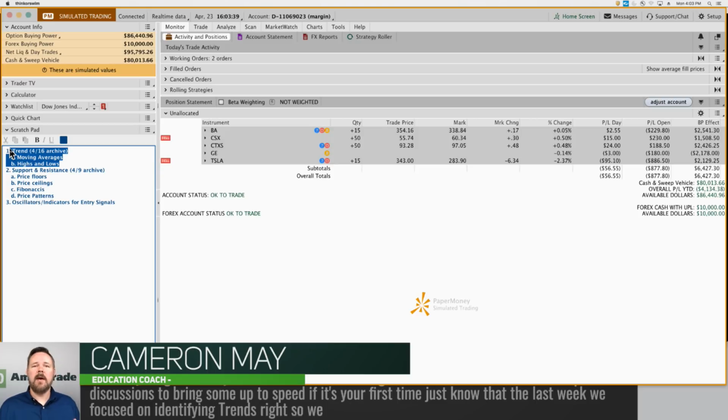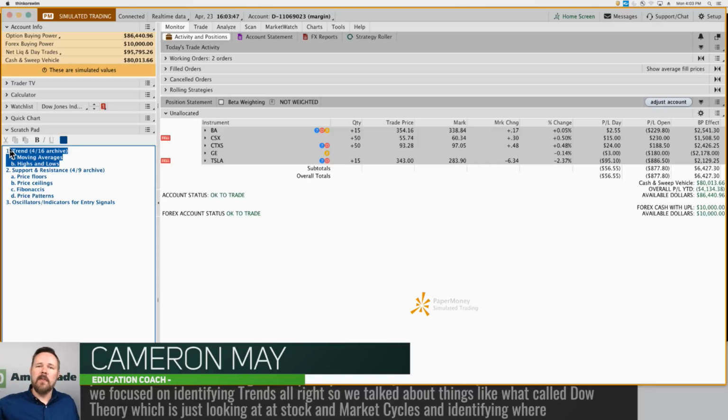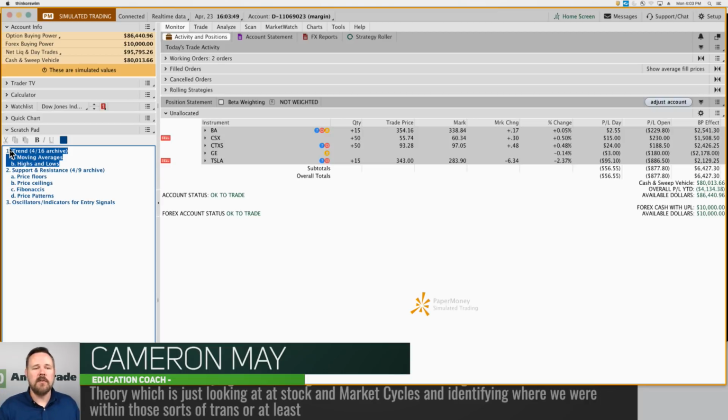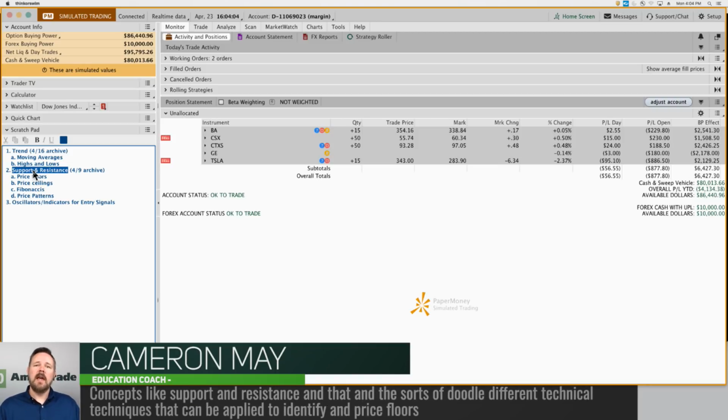We talked about things like what's called Dow theory, which is just looking at stock and market cycles and identifying where we were within those sorts of trends, or at least as much as we could. And we also used moving averages. And in previous weeks to that, we talked about concepts like support and resistance and the sorts of different technical techniques that can be applied to identifying price floors and price ceilings.